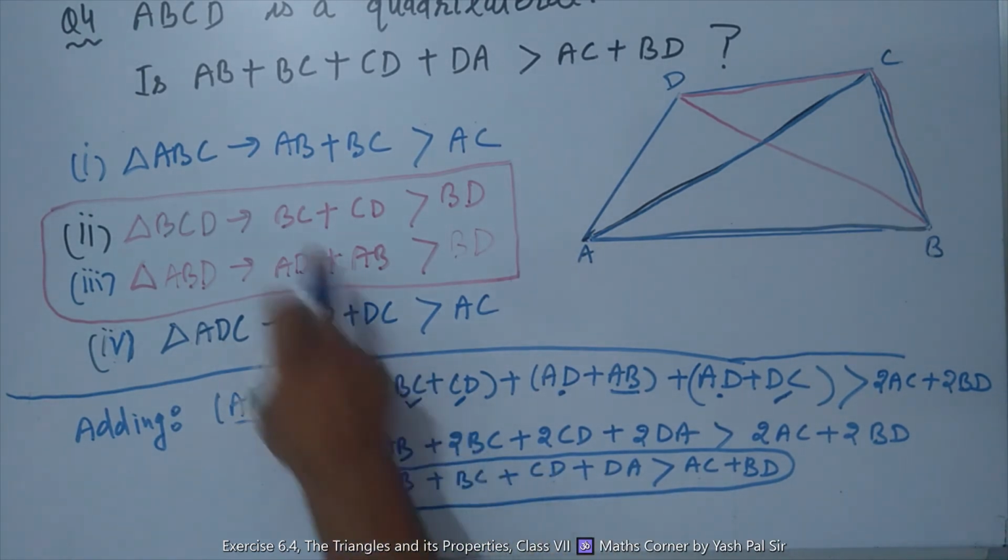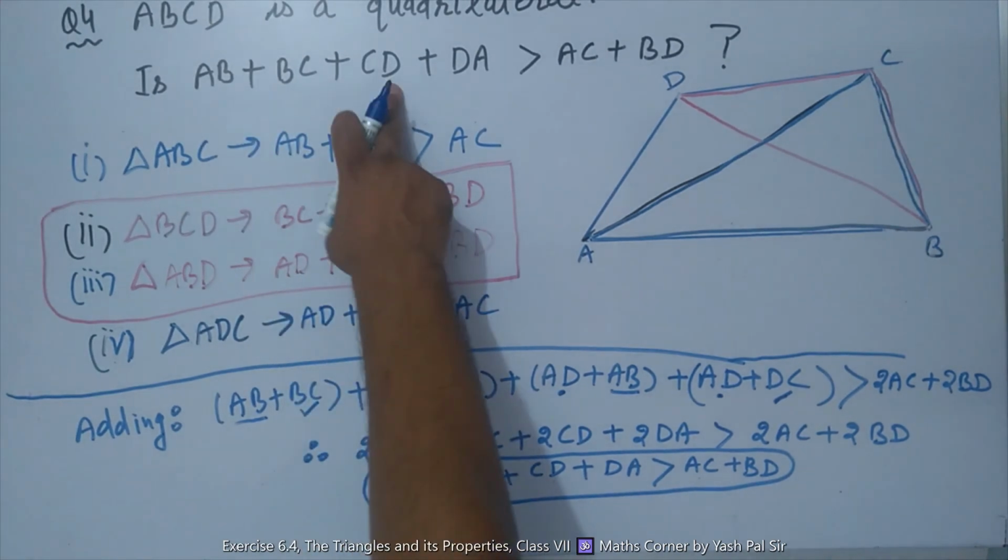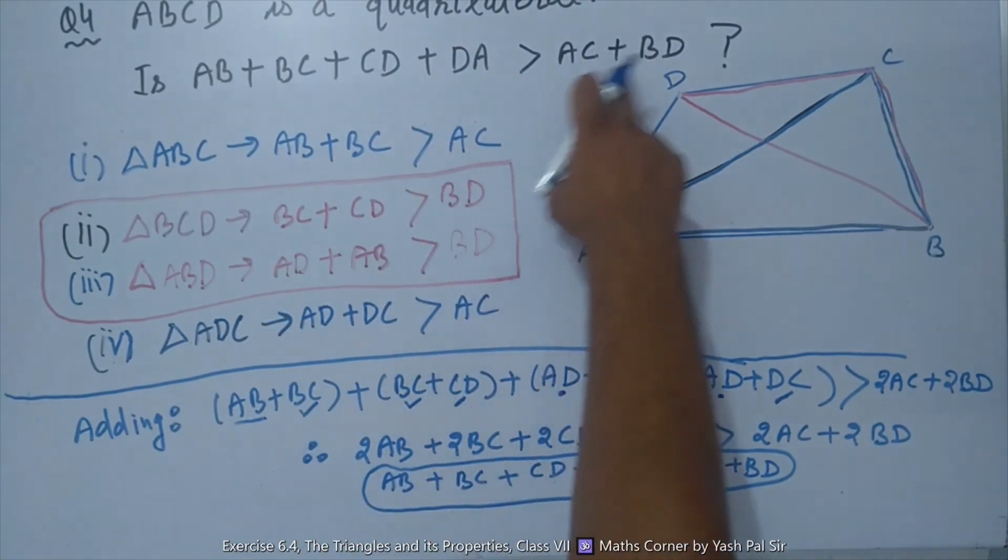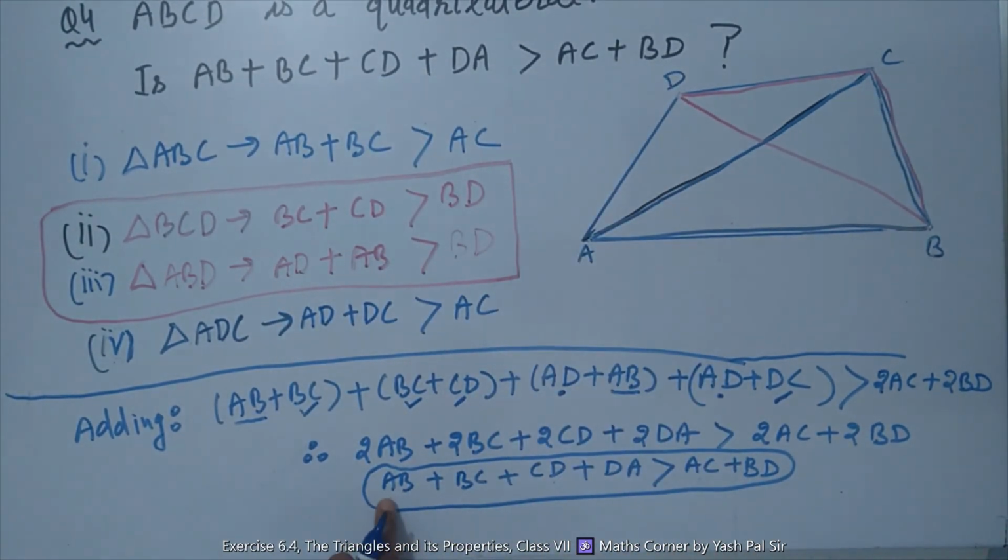This was the given: is AB plus BC plus CD plus DA greater than AC plus BD? Yes, AB plus BC plus CD plus DA is greater than AC plus BD. Yes, this is true. Right?